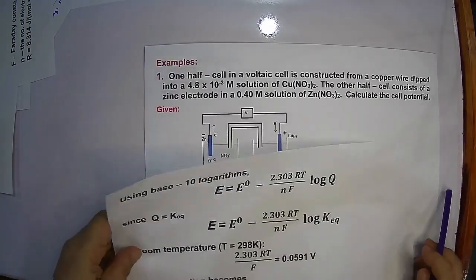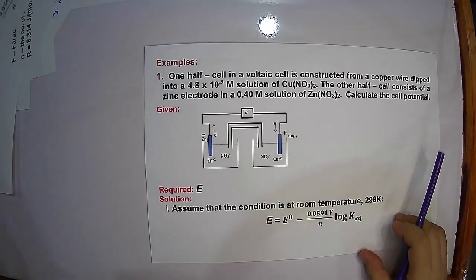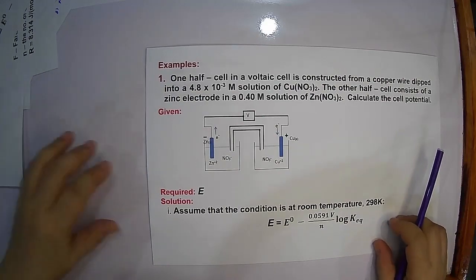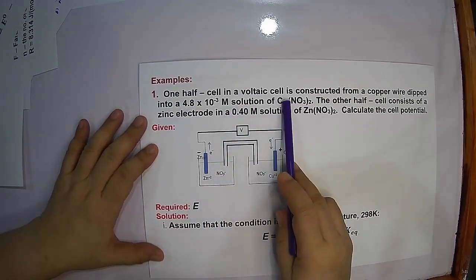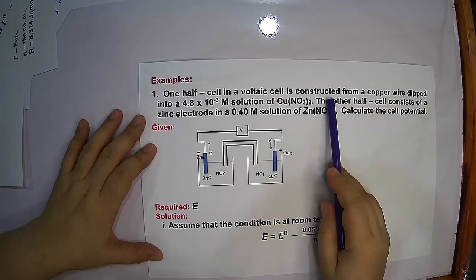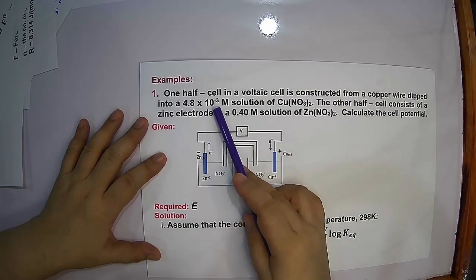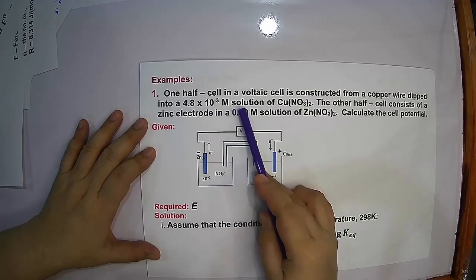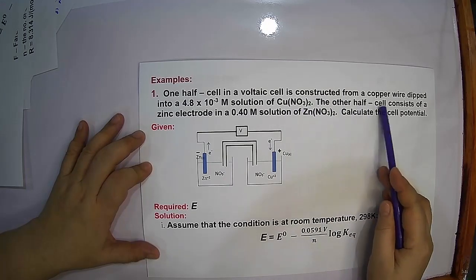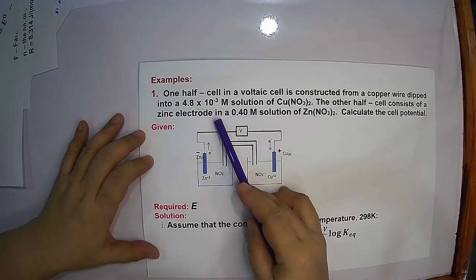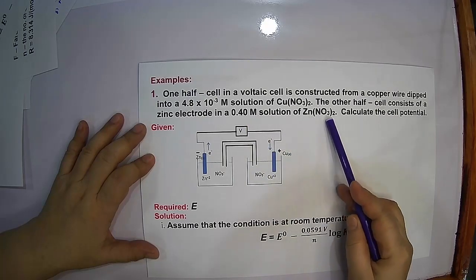Let us have an example to illustrate the use of the Nernst equation. A half cell in a Voltaic cell is constructed from a copper wire dipped in a 4.8 times 10 to the negative 3 molar solution of cupric nitrate. The other half cell consists of a zinc electrode in a 0.40 molar solution of zinc nitrate.